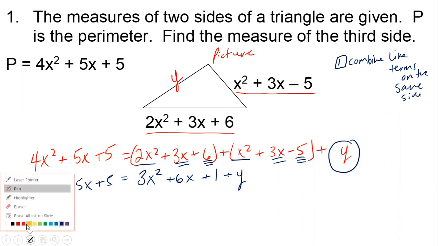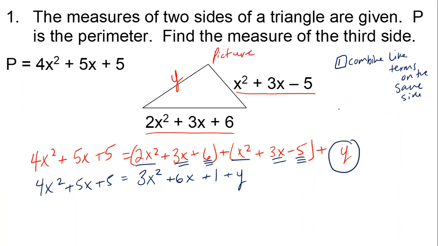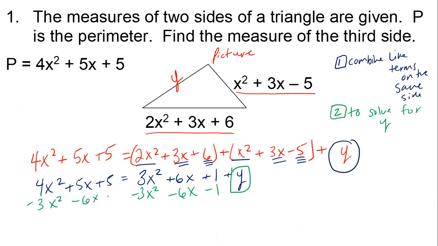Okay, then our next step is going to be to solve for y. All right, so in order to get y by itself, what are the steps I must take? Subtract them all. And what I do to one side, I do to the other side.